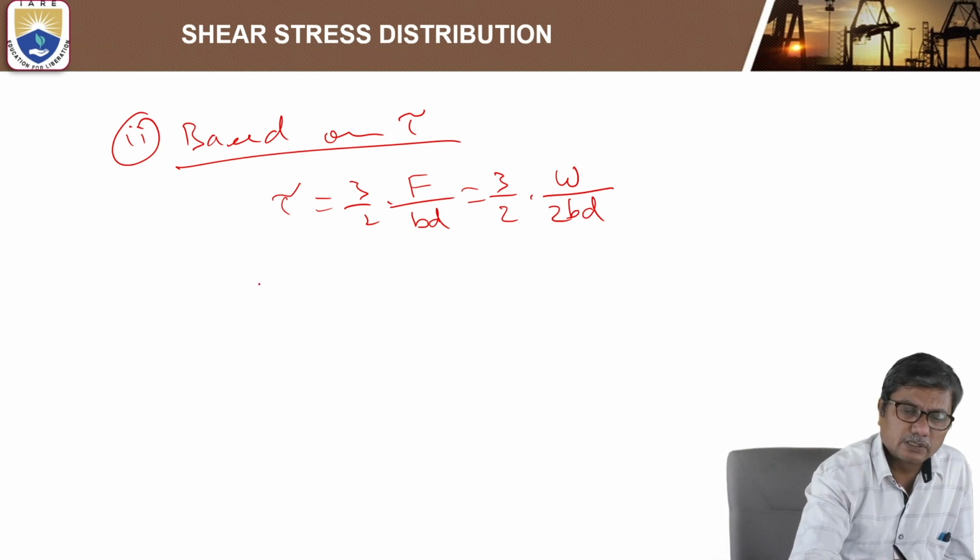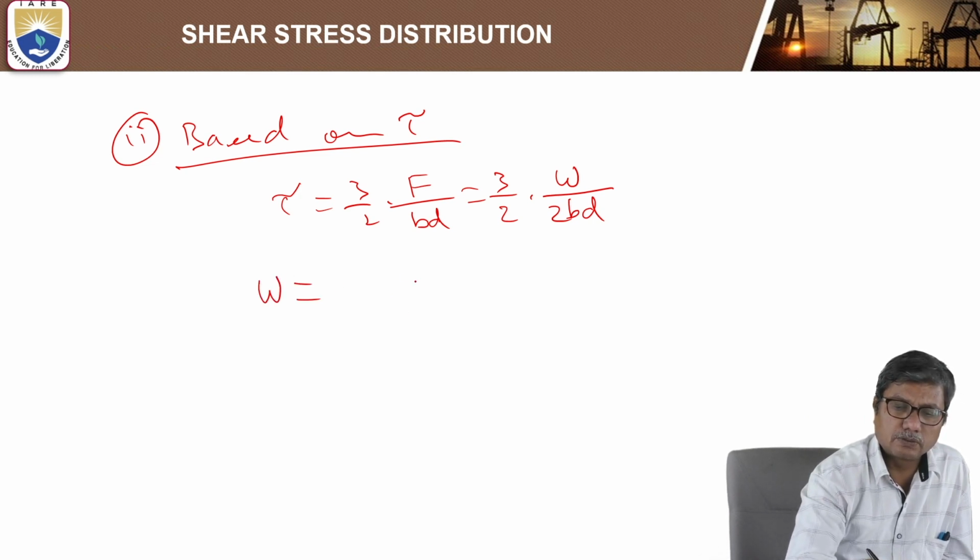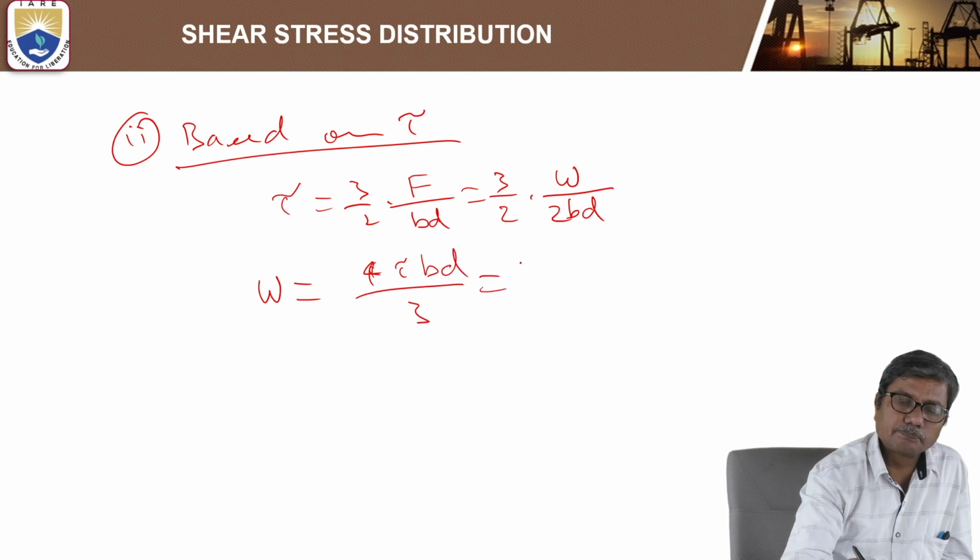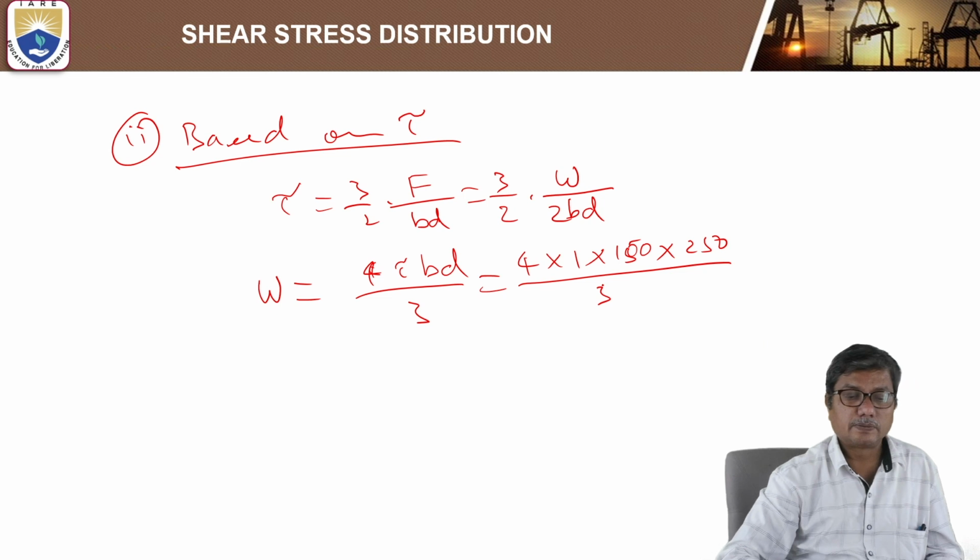So from this you will get W equal to 4 tau BD by 3, which is 4 into 1 into 150 into 250 by 3.